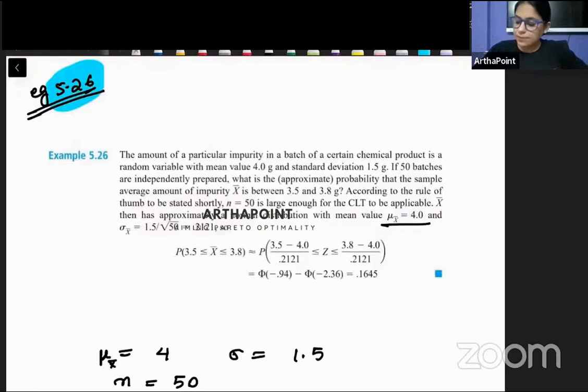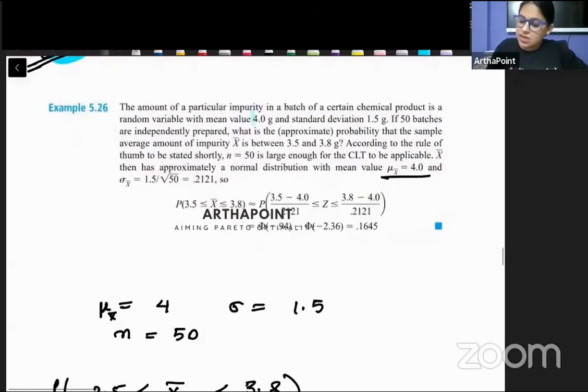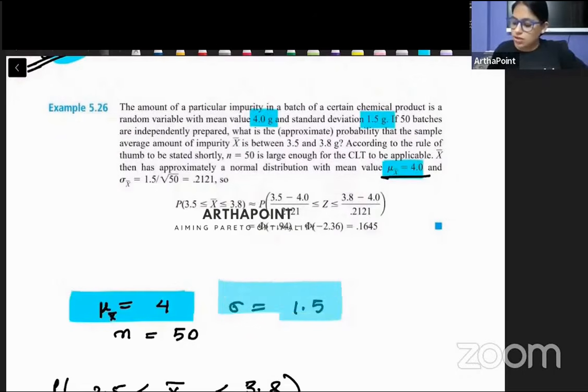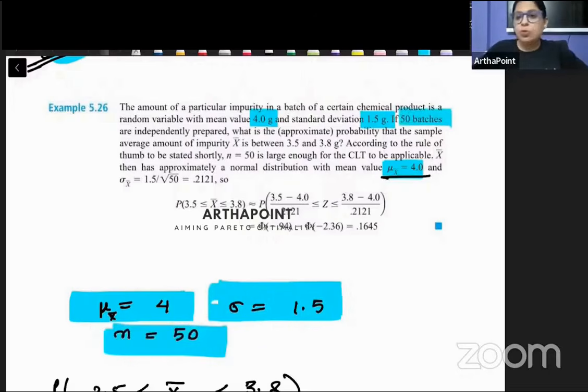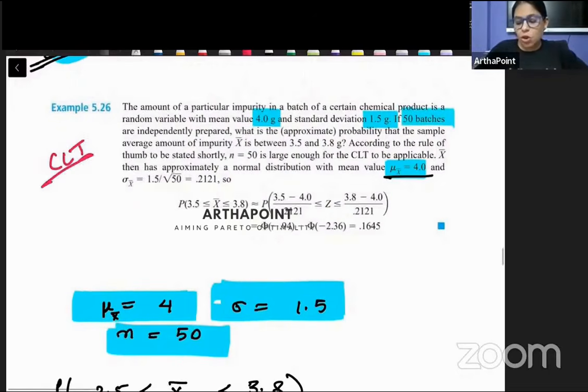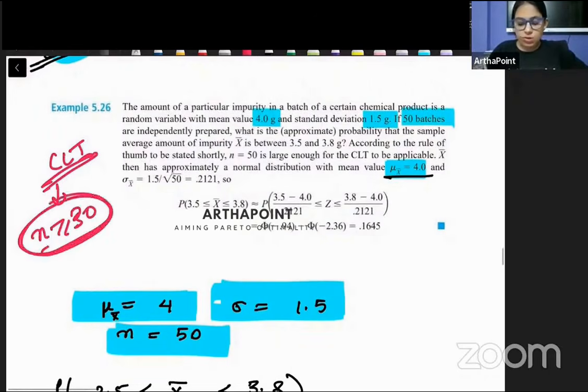Please read this example. It says the amount of a particular impurity in a batch of a chemical has mean value 4 gram. So you are given that the mean of the population is 4. And it says that the standard deviation of the population is 1.5 and the size is 50. So मैंने आपको बोला that the central limit theorem holds well if the sample size is greater than or equal to 30.